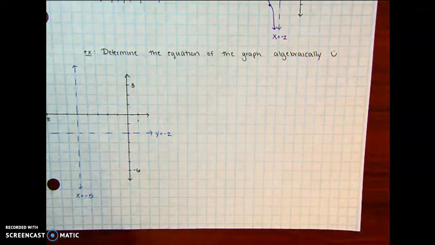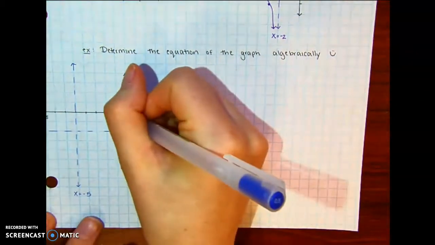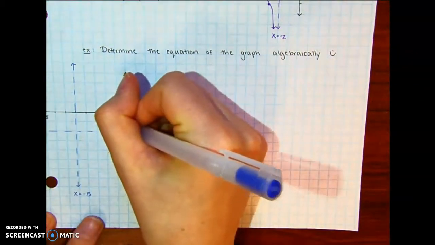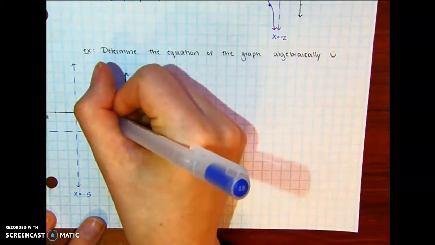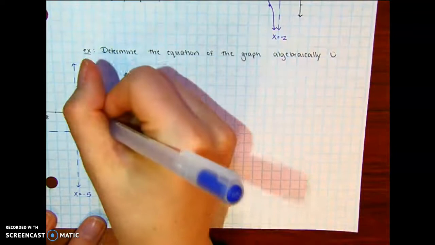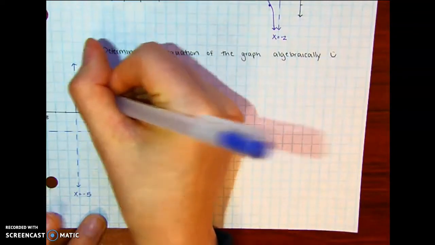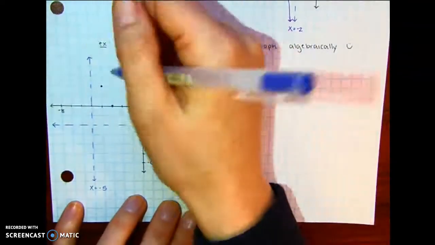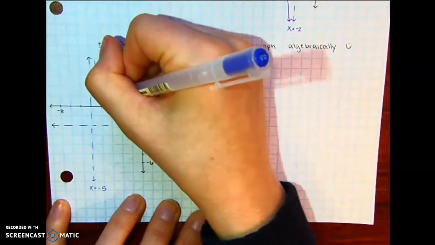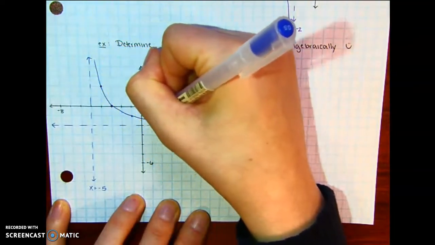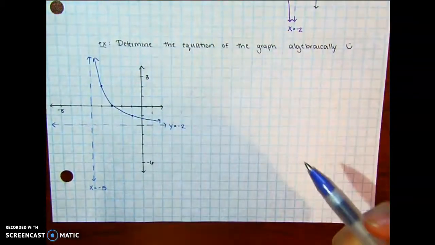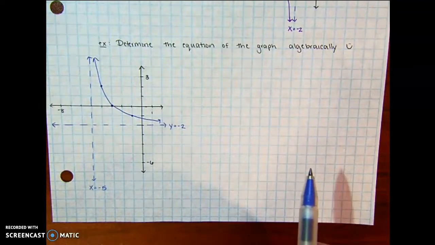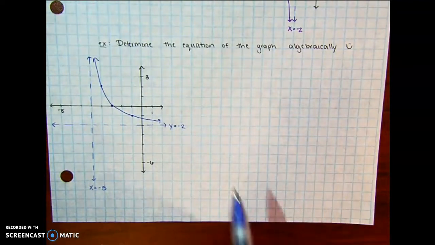Alright, and then I want you to plot a point at negative 1, 1, negative 3, 0, and negative 4, 2. And then use those to make your curve. See, the more points, the more accurate it looks. Okay, and then negative 9, negative 3.